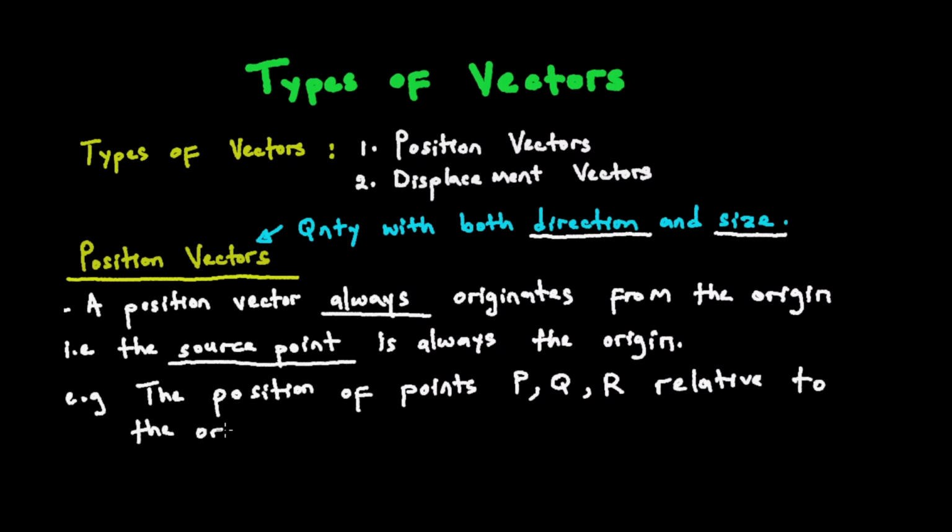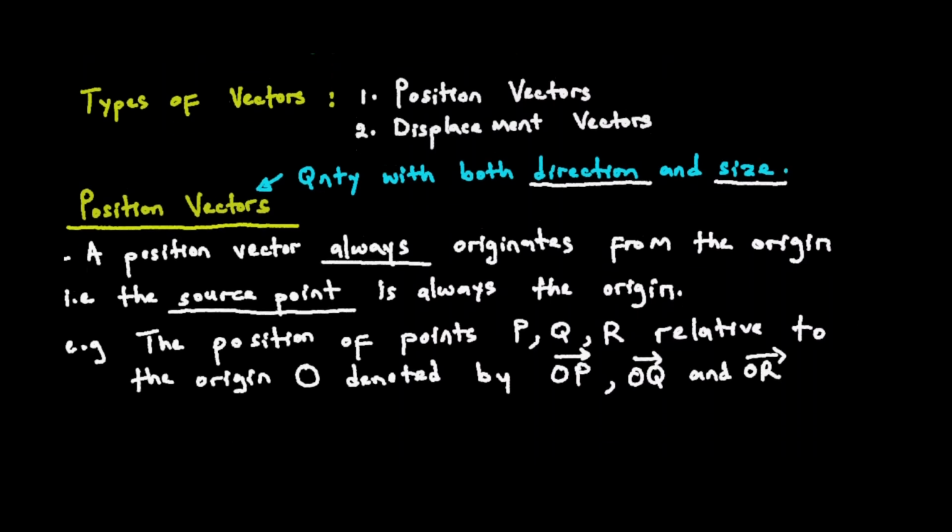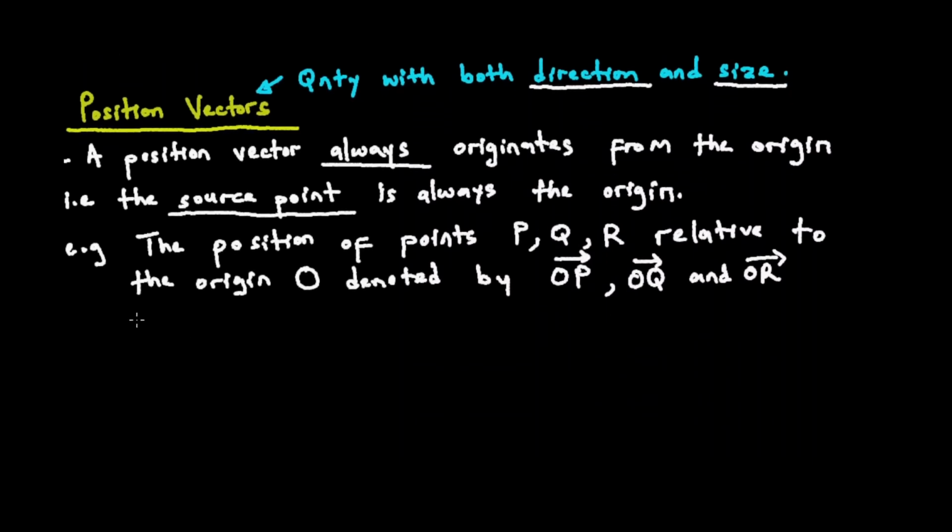So what are these points relative to the origin? Our origin is O. We are going to denote these 3 positions relative to the origin O as OP, with an arrow to indicate that this is a vector, OQ and OR, respectively.